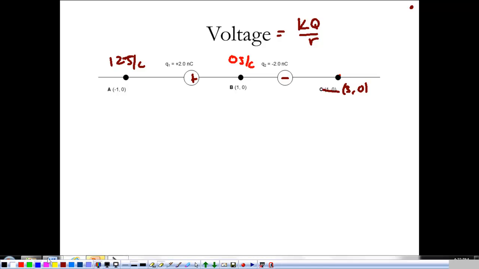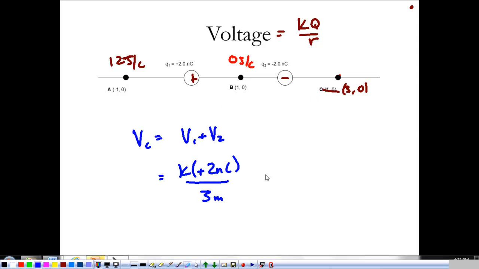We're going to look at our final point over here at C. The voltage at C is going to be V1 plus V2. K times positive 2 nanocoulombs divided by 3 meters away, plus K times negative 2 nanocoulombs divided by 3 meters away.